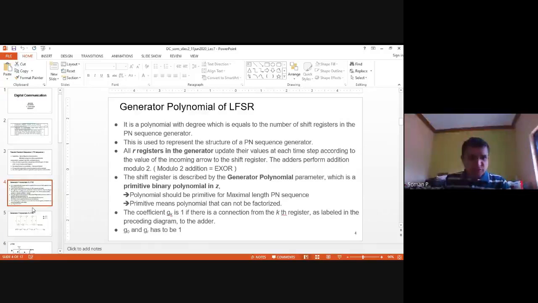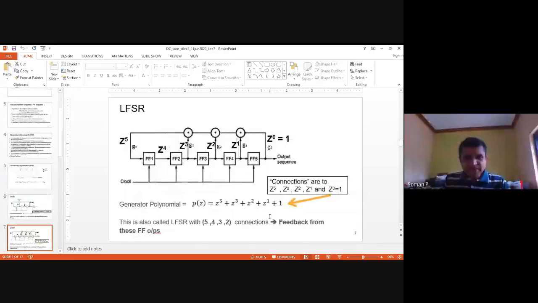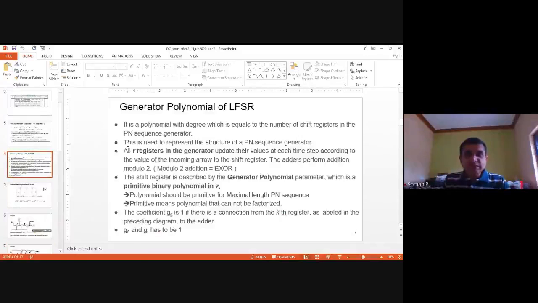So I'll show you that example again. Here the generator polynomial P(Z) is Z^5 + Z^3 + Z^2 + Z^1 + 1. So we'll understand how it is made and how we draw the circuit. And this is used to represent the structure of a PN sequence generator.